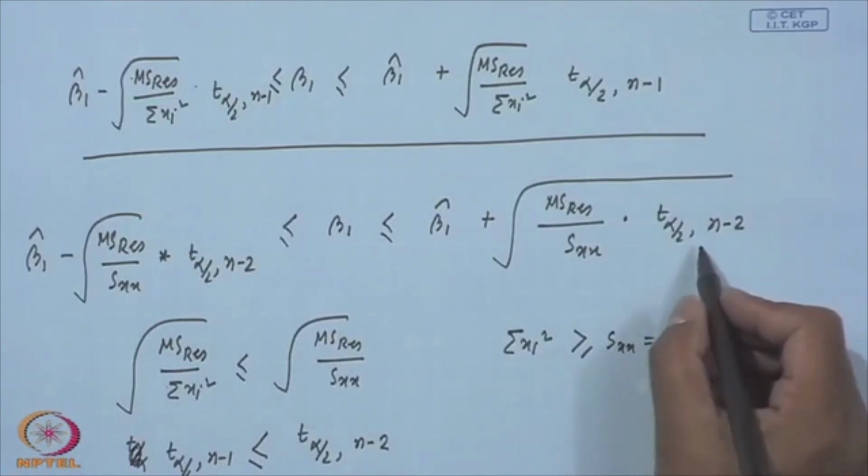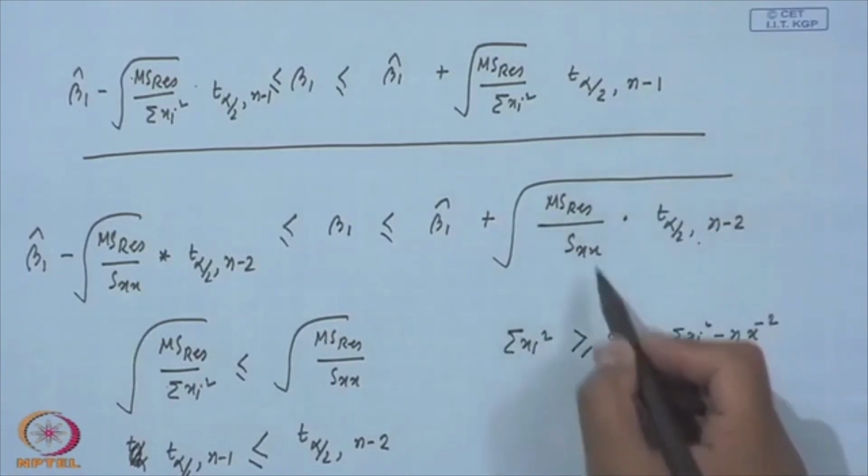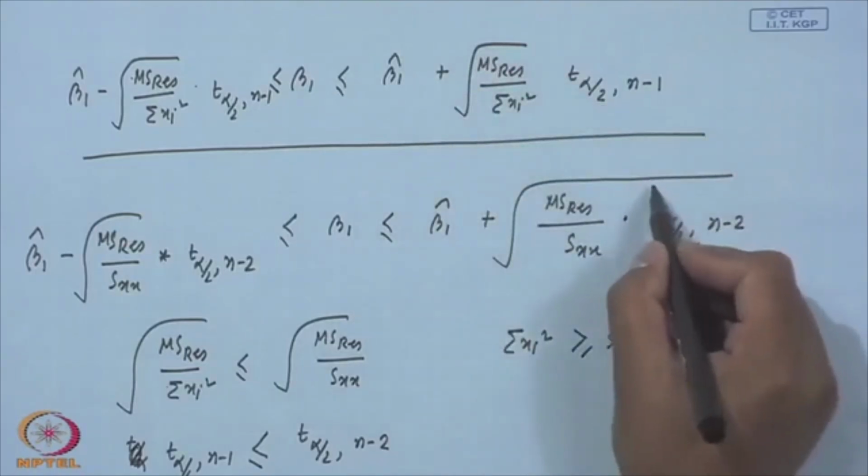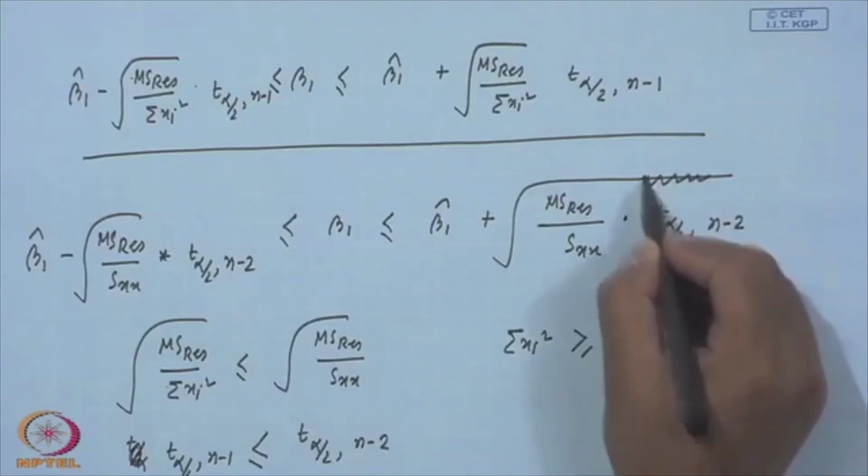So, both this one is larger than this one is larger than this one, right. Okay, I should not write square root till that.